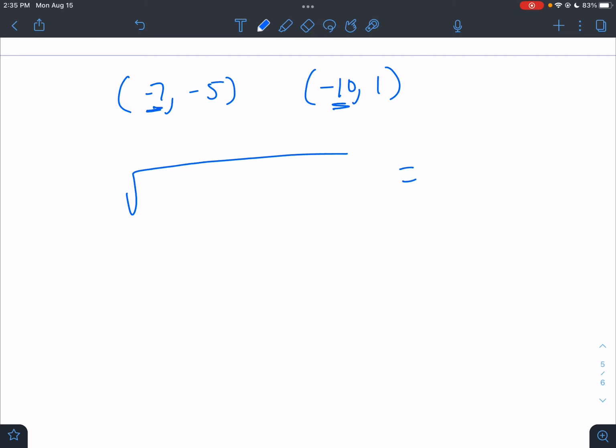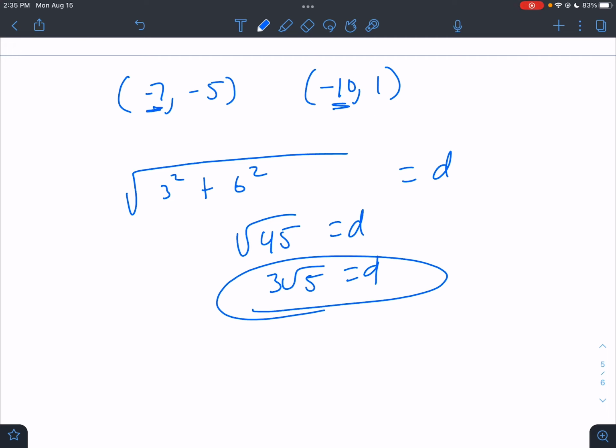They're both negative, so it's only going to be a distance of 3. -5 to 1, it's going to be a distance of 6. That's going to be 9 plus 36. That's going to be the square root of 45. Square root of 45 does simplify. That would be 3 root 5. And that's the answer I'd be looking for.